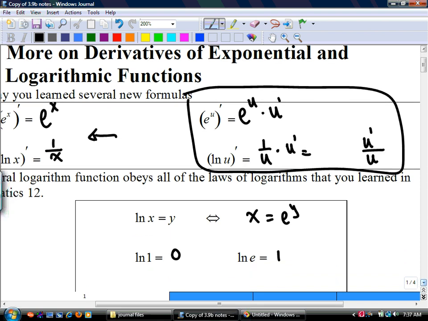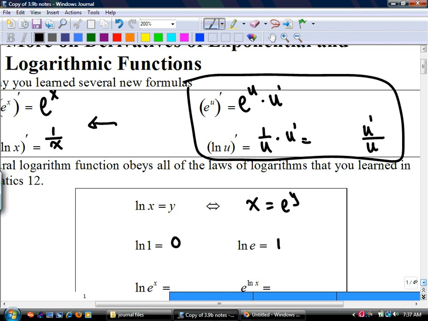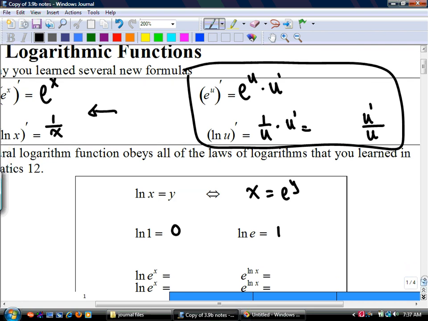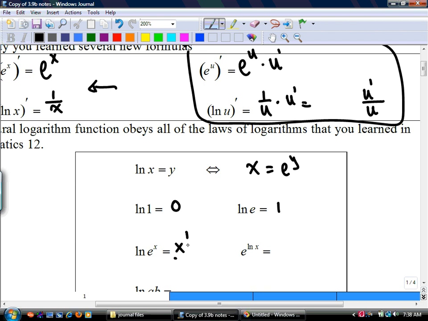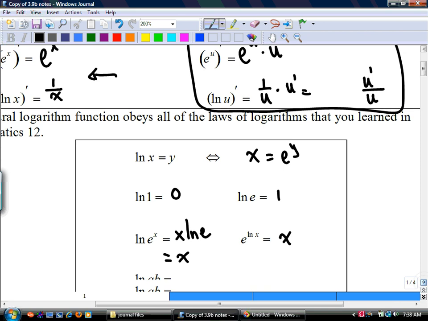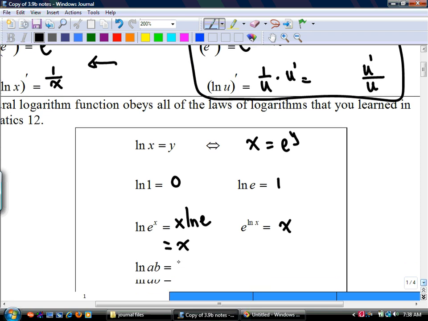What else do we need to know? ln e to the x is x ln e, so it's just x. Is the answer to the one on the right any different? Same thing. ln ab is the same as ln a plus ln b.